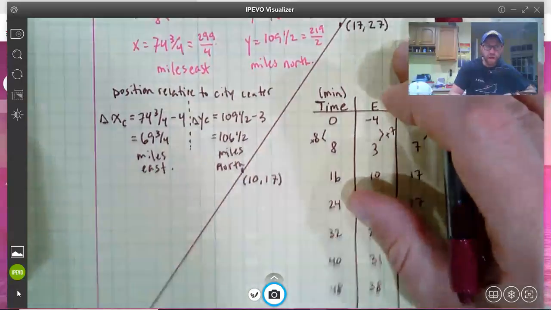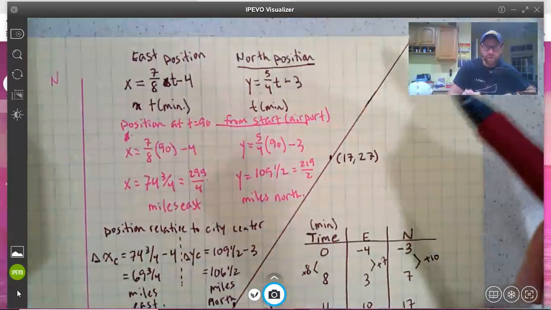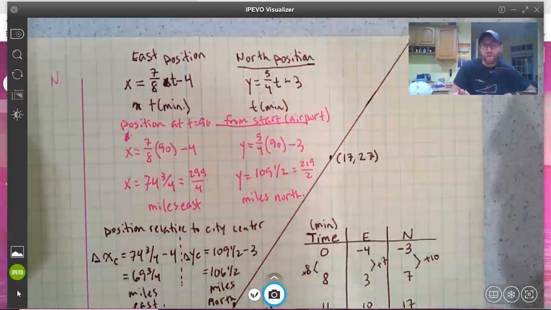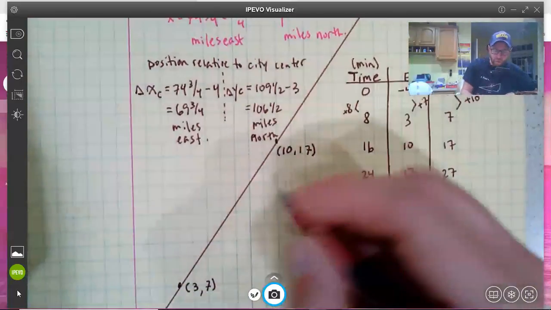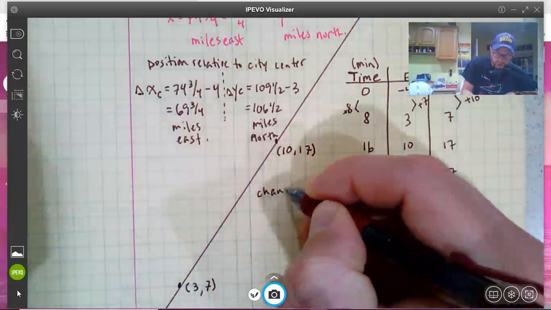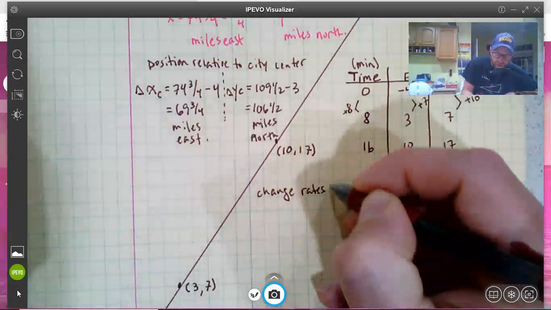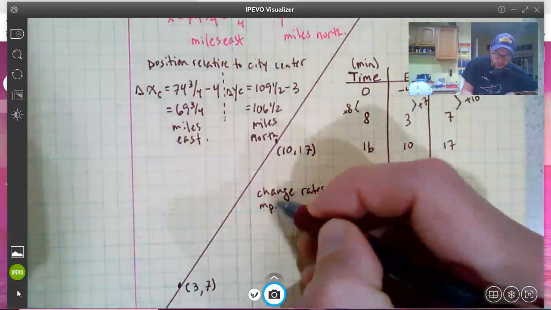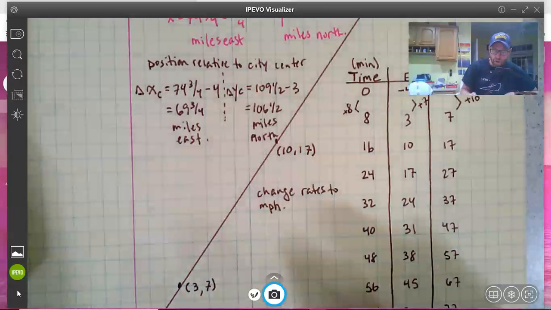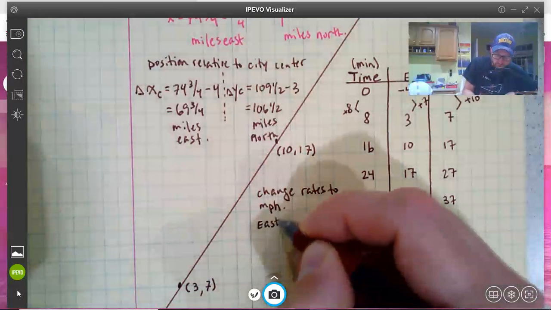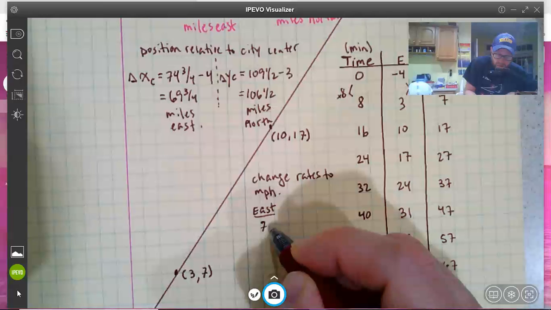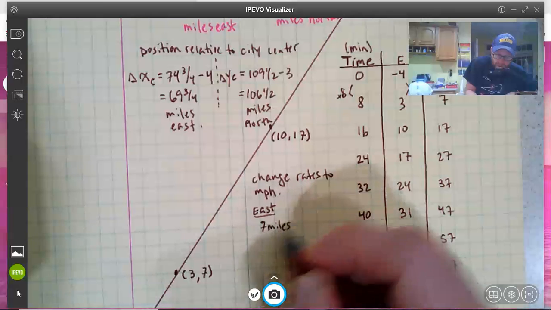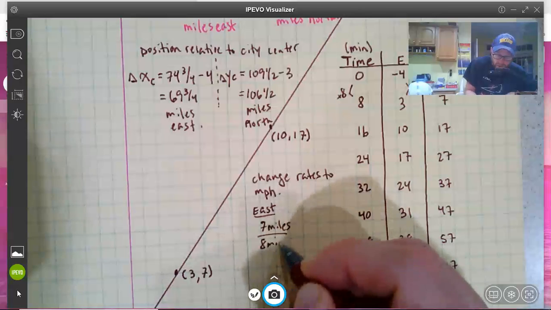Finally, we do want to have our equations here. We want to rewrite our equations so that it's just in miles per hour instead of miles per minute. Okay? But that's relatively easy to do. So we're going to change our rates to miles per hour. So our eastward rate was 7/8, so that's 7 miles per 8 minutes.